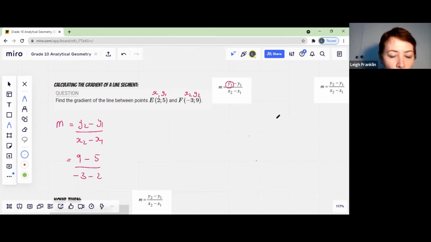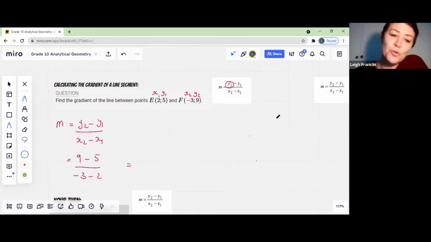So here, what am I going to end up with on top? Katlego, 9 minus 5 is going to leave me with? Watch in the numerator. Can you repeat your question? Sure, with pleasure.